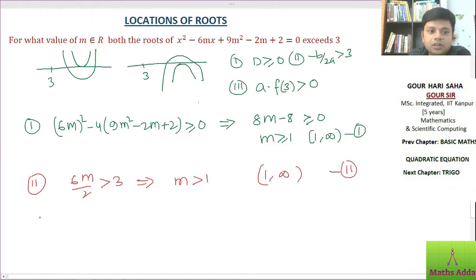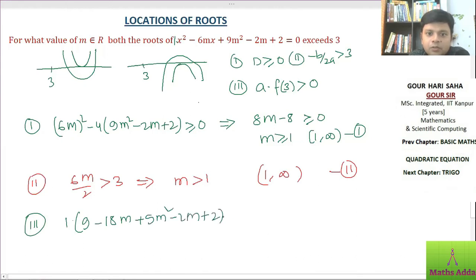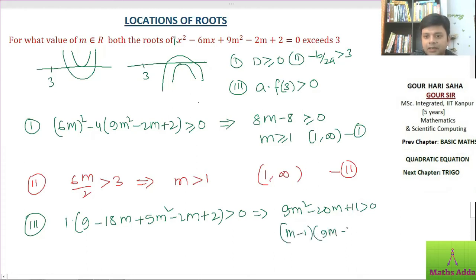So it is 1 to infinity. Second part. The third part is a into f(3). A is the coefficient of x square, that is 1. And for f(3) you put the value 3. So it is 9 minus 18m plus 9m square minus 2m plus 2 greater than 0. Which is 9m square minus 20m plus 11 greater than 0. Sign scheme: if you factorize it, it will be (m minus 1) into (9m minus 11).